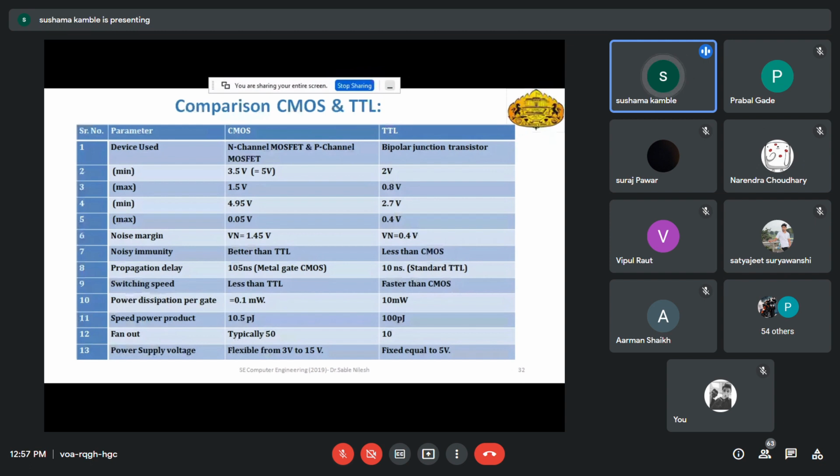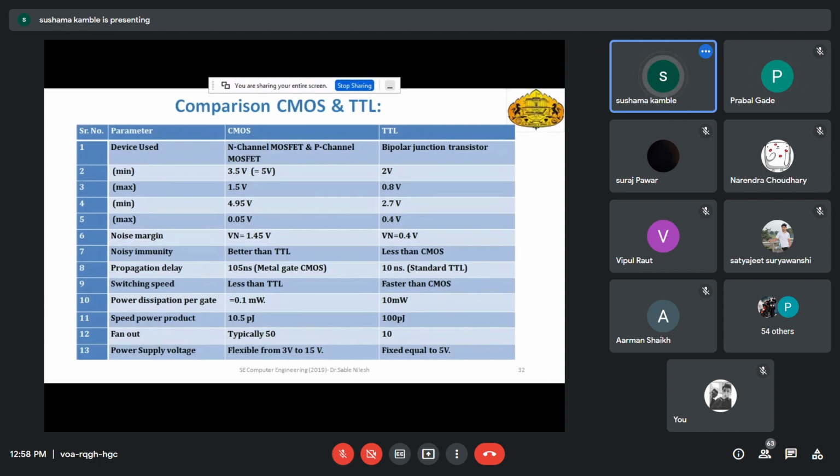What do you mean by fan out? The number of outputs taken out by a logic. The output to 50 units. See, there is one statement that I will say. You can use a fan out of 10 for CMOS to CMOS connection.